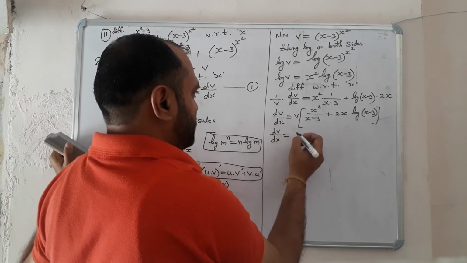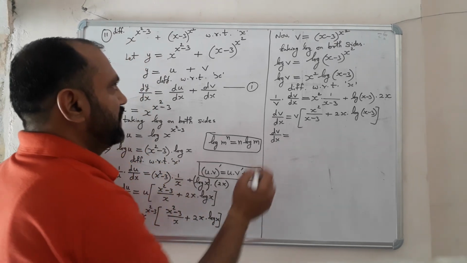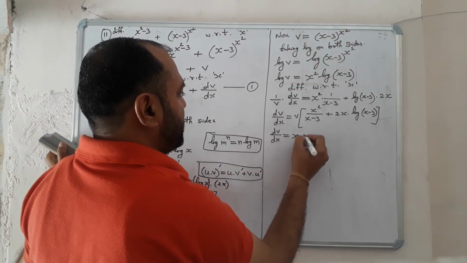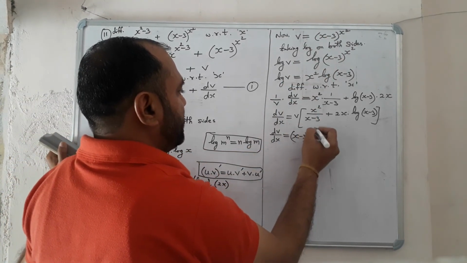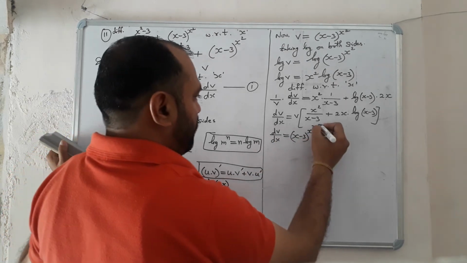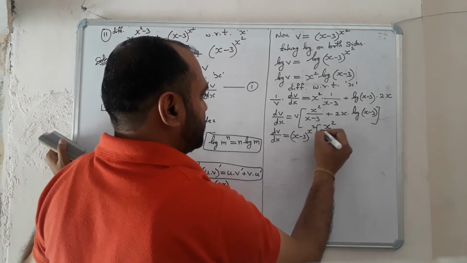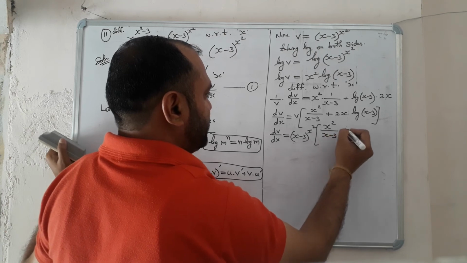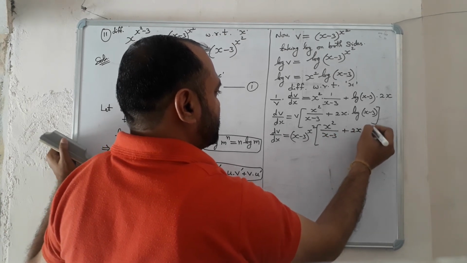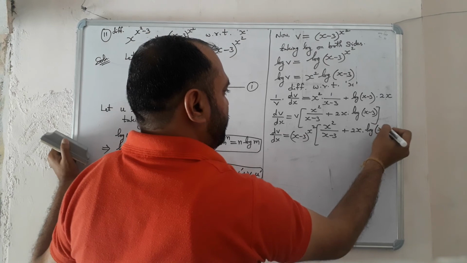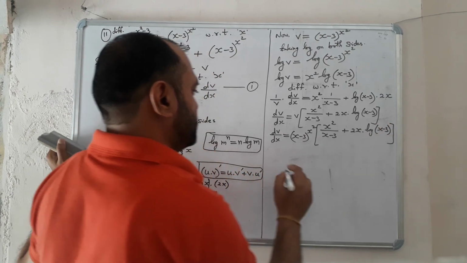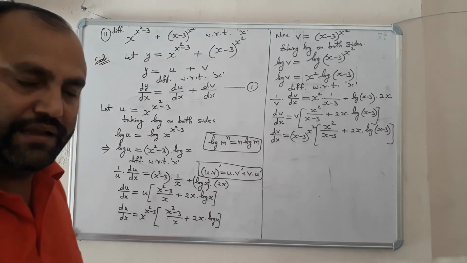What is the value of v? The value of v is x minus 3 raised to the power x square, now into x square over x minus 3 plus 2x into log of x minus 3. So this is the value of dv by dx.